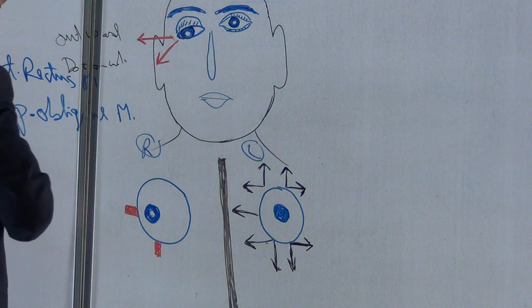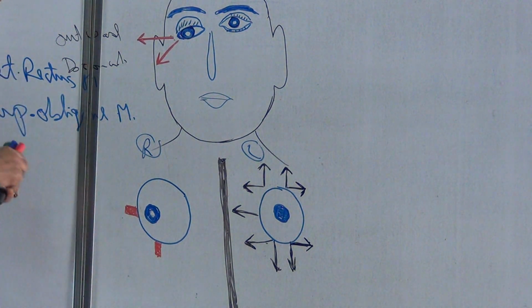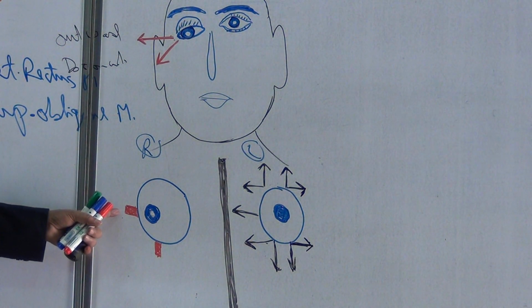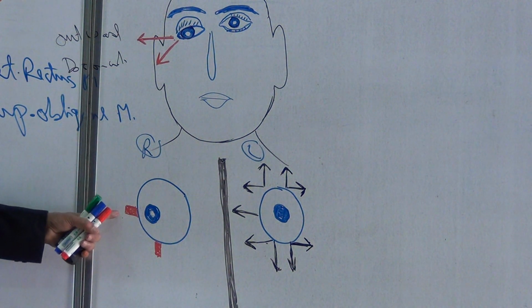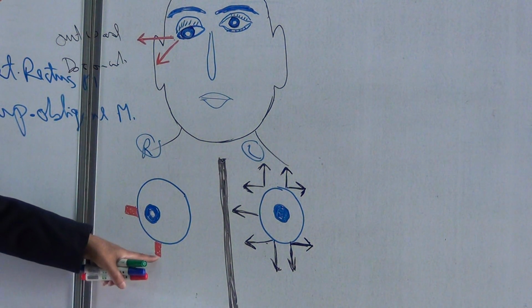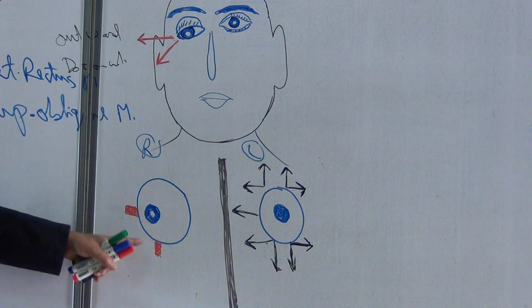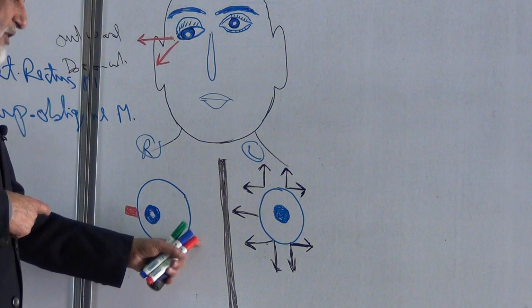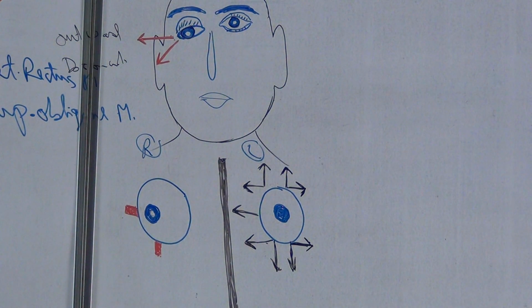So because only these two muscles are normal, the lateral rectus supplied by the abducens nerve and the obliquus superior supplied by the trochlear nerve, their nerve supply is intact. And the rest of the extraocular muscles are paralyzed because of involvement of the oculomotor nerve.